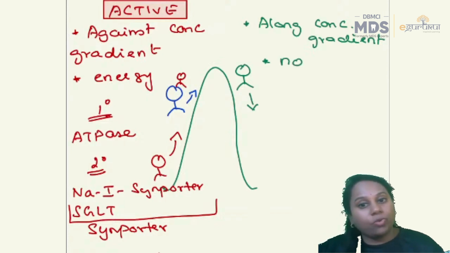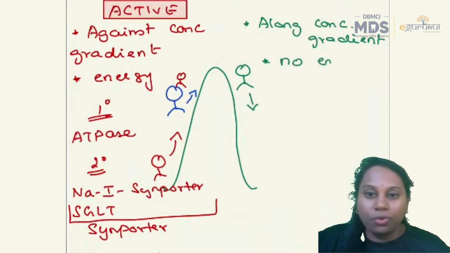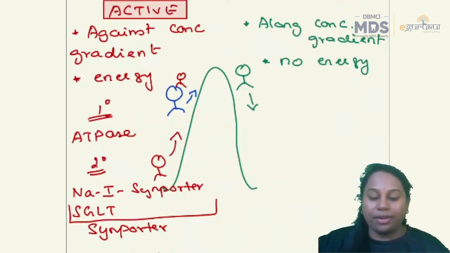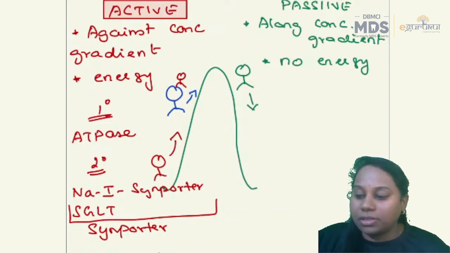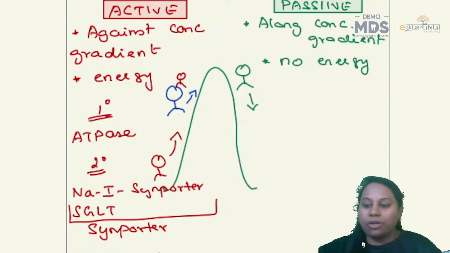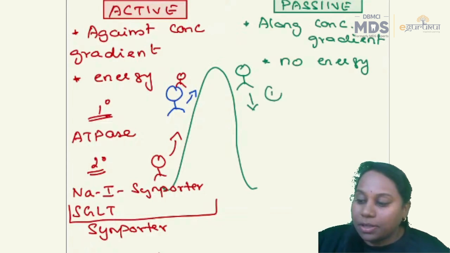You just lie down there, you can roll and you can come down. This is called passive transport. Active transport and passive transport. In passive transport, there are different types. Simple diffusion.